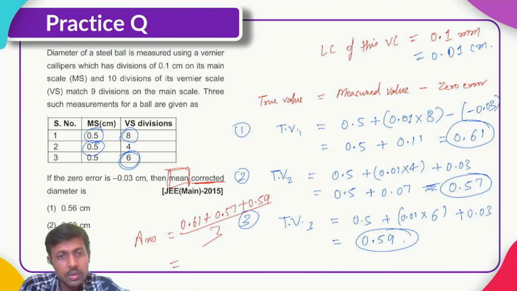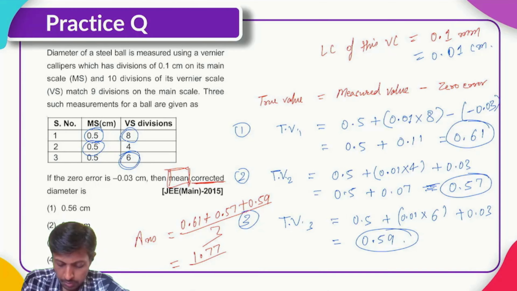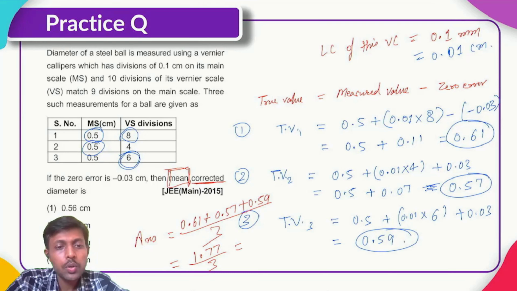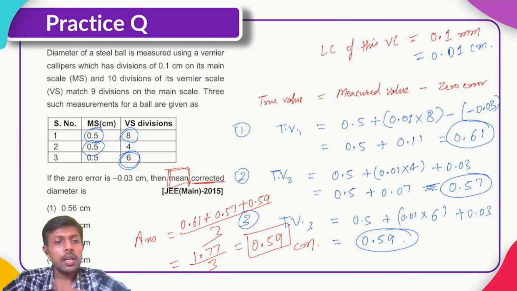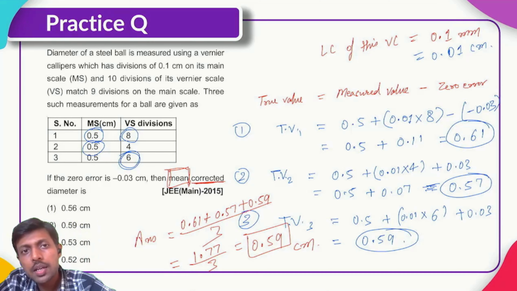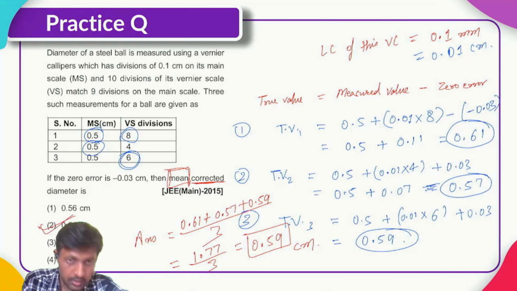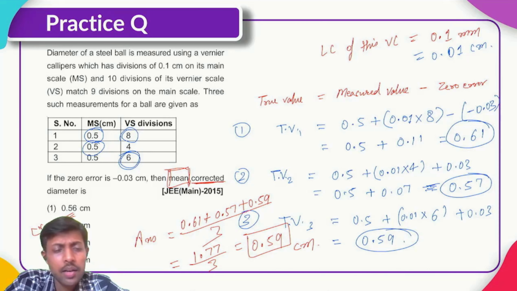This is 1.77 by 3, which is equal to 0.59. These many centimeters, right? 0.59 centimeters. Now let's check out which option is this. This is option number B. So that's the answer. If you are in class 11th and 12th, you would also get a chance to play with these instruments in your lab.